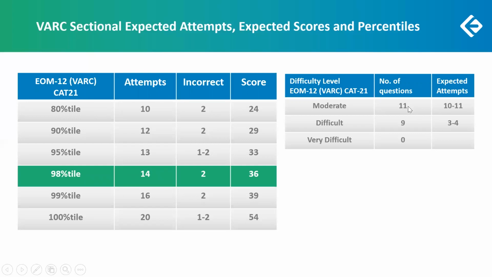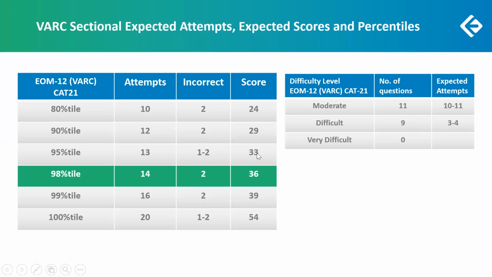Because out of the 11 moderate questions, definitely you could take all 11 or maybe 10. Out of the 9 difficult questions, perhaps you could take 3 or 4. Somewhere around 14 or 15 attempts with 2 incorrect, leading to a score of 36, is what would have fetched you a 98 percentile.